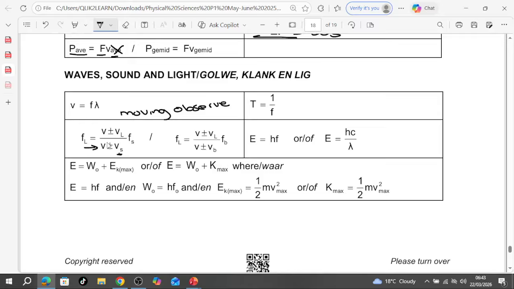So now we know that for the listener this time, what are we saying? The velocity of what? Of the moving observer. So if this is the formula that we use, what is the velocity of the source? It is just 0, because the observer this time is the one we're going to focus on.